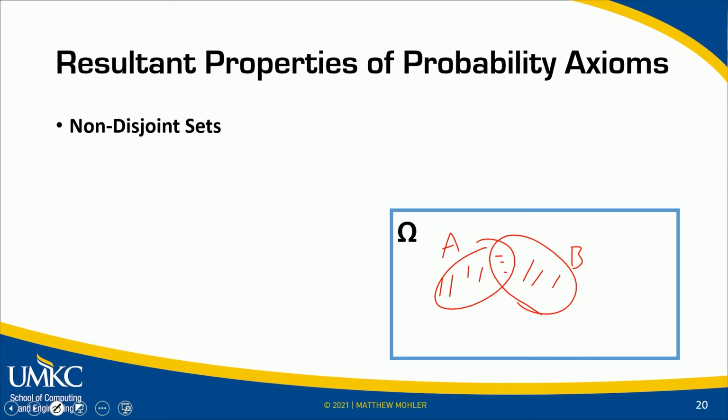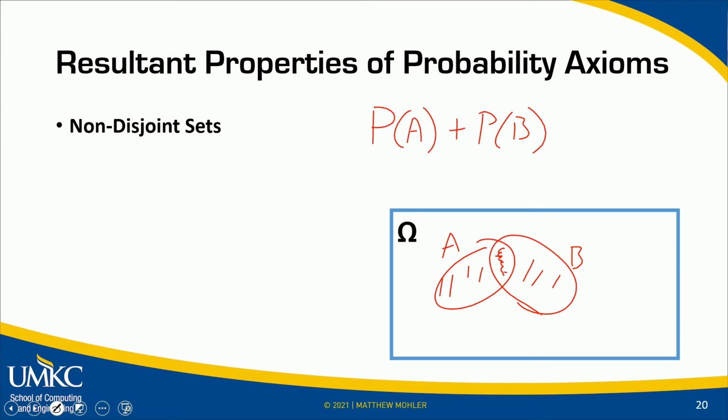And the generalized form of this is actually pretty simple to look at. We can say that we have the probability of our area A, so we'll call that probability of A. We have the probability of our area B. And with that, we have this area in the middle that is represented twice.